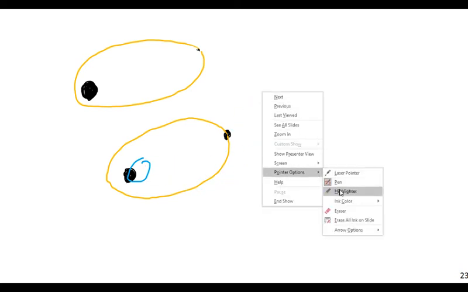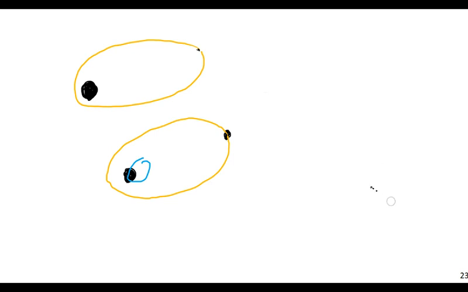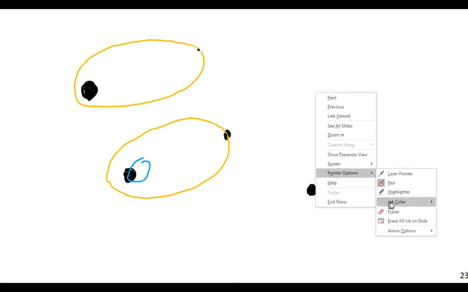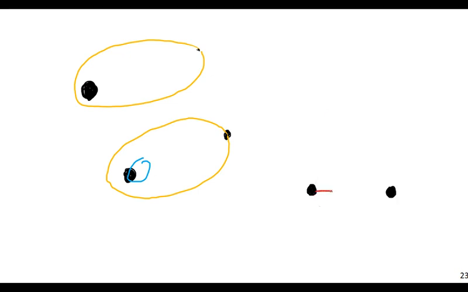Or we could go all the way up to the extreme case. What if the two bodies are equal? What if we have a case of a true double planet, where each body is the same mass as the other one? What will happen here is that, again, this will experience a force here, and this will experience a force here.